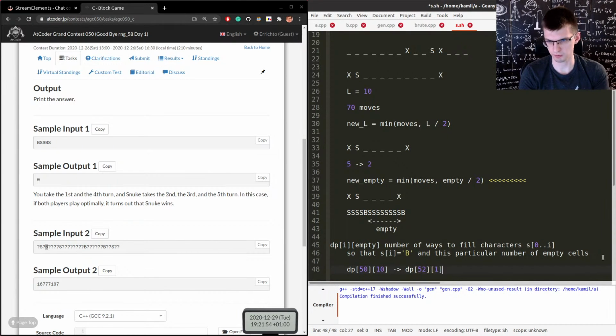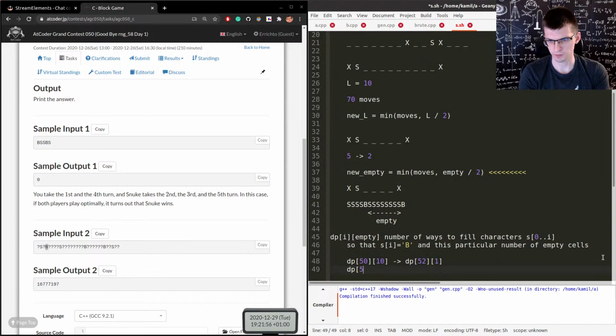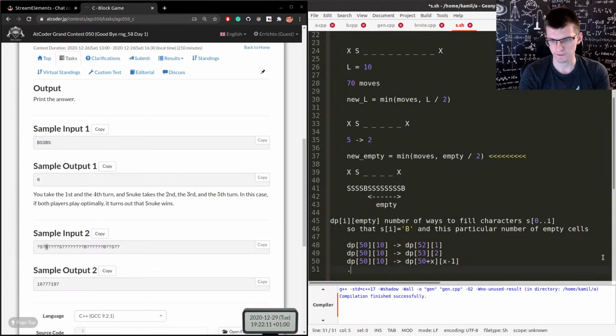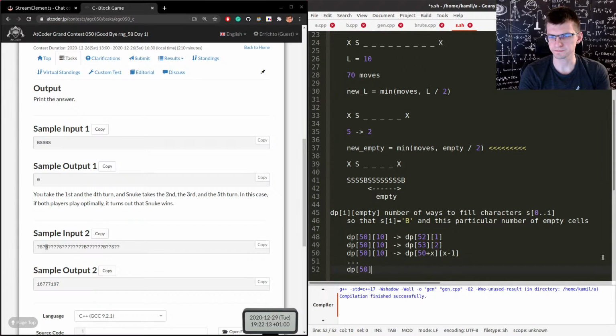So then it would be 1. 50 and 10 to dp of 53 and 2. So generally to dp of 50 plus 1 plus x comma x. But eventually this is limited by a half of empty.